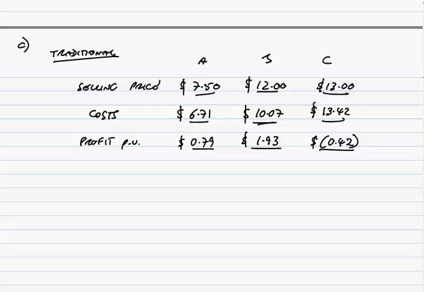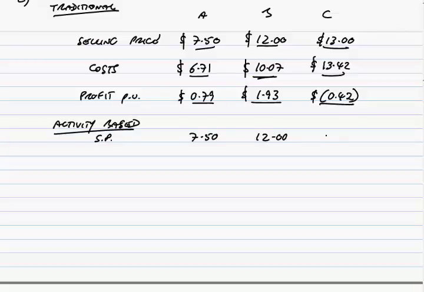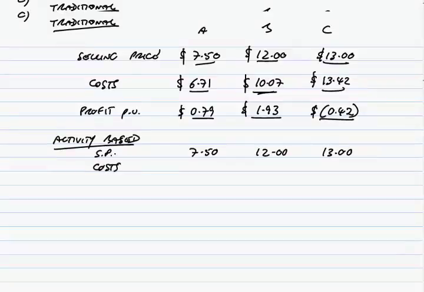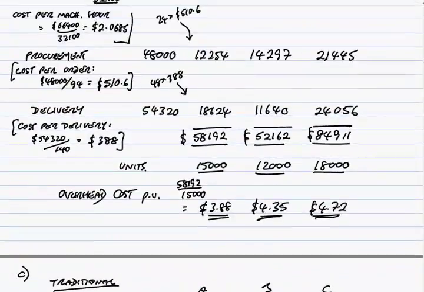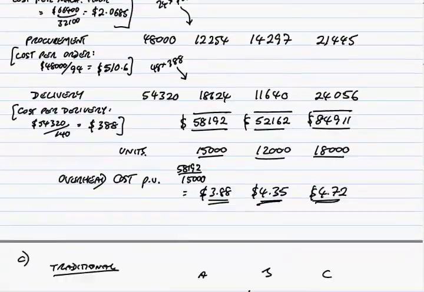That was under traditional, but when we did it again under activity based, again the selling prices, 7.50, 12, 13, but the costs were different. See if I can remember them this time. 7.76 and 10.57.